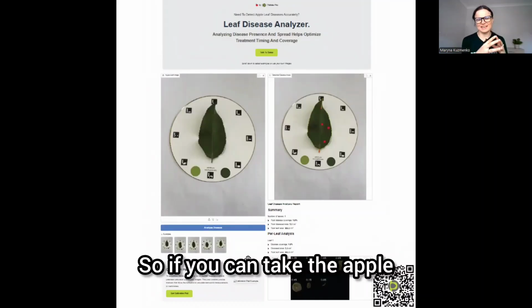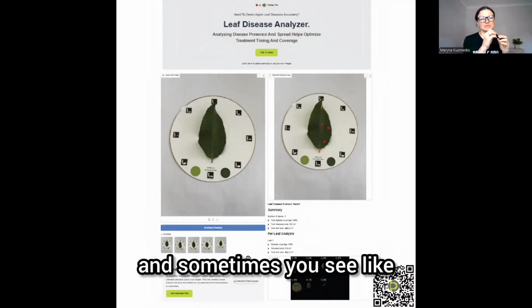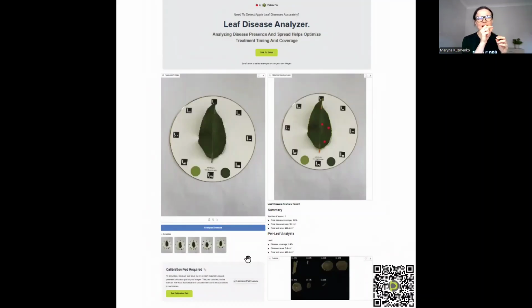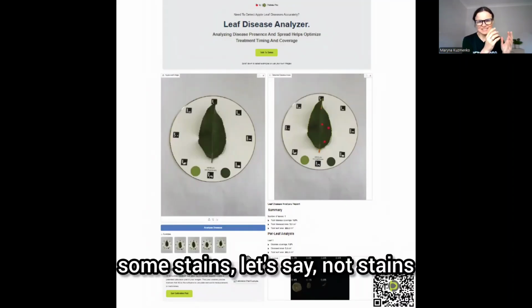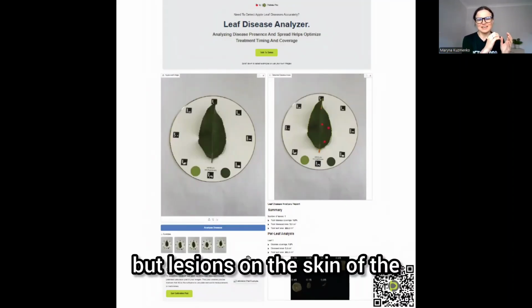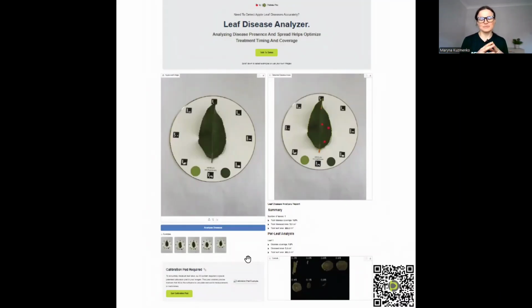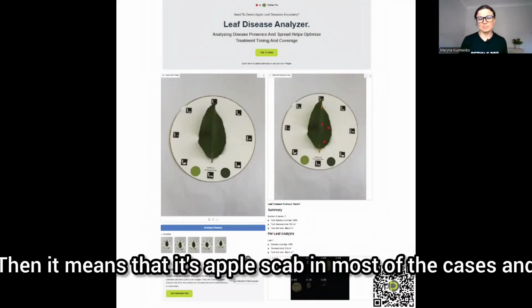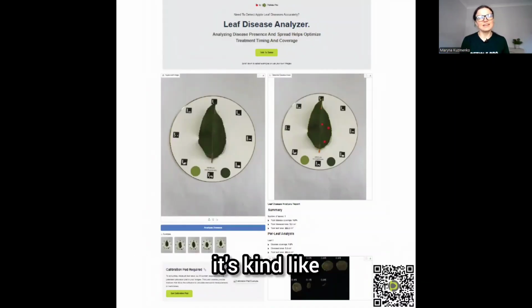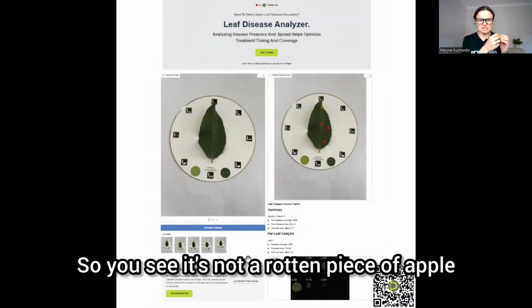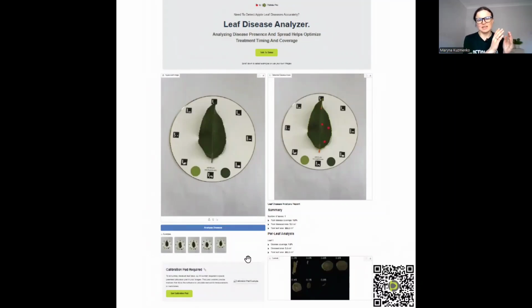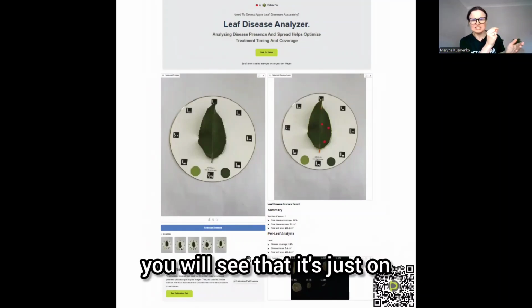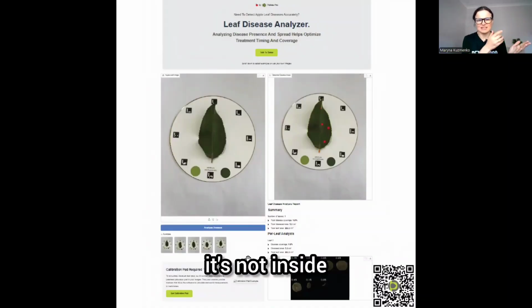If you take an apple and sometimes see brown lesions on the skin of the fruit or on the leaf, then in most cases it's apple scab, and it's kind of hard. So you see it's not a rotten piece of apple, but it's hard and it's on the skin. If you cut it, you will see that it's just on the skin, it's not inside and it doesn't go further.